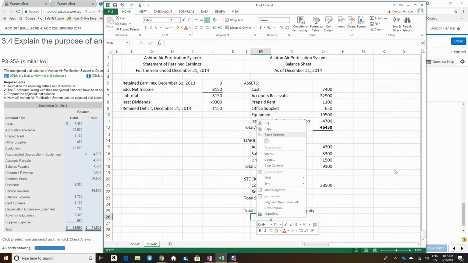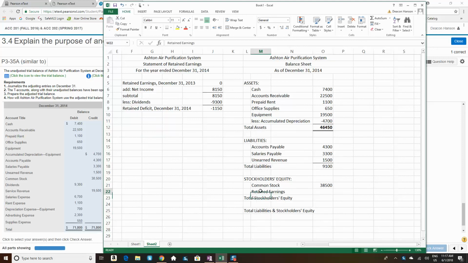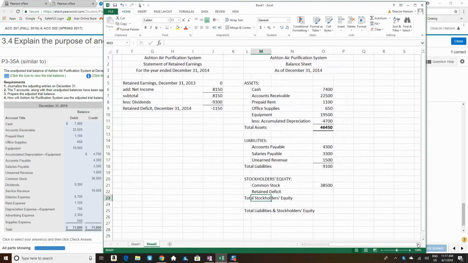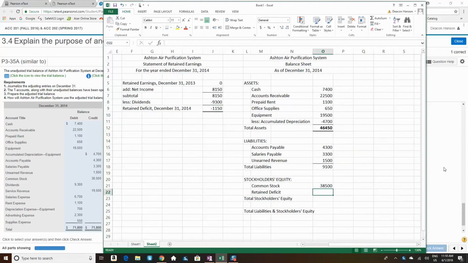Now this is where you have to tie it into the previous financial statement. That's why we have to prepare them in order. So we always do income statement first, retained earnings statement, and balance sheet. So in this case, we have a retained deficit, 1,150.